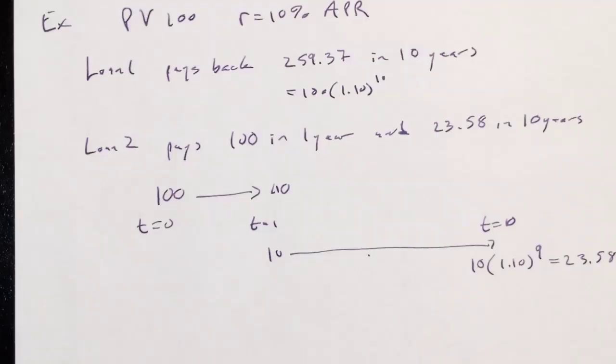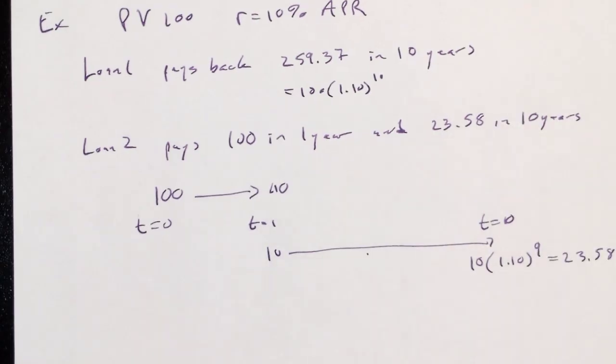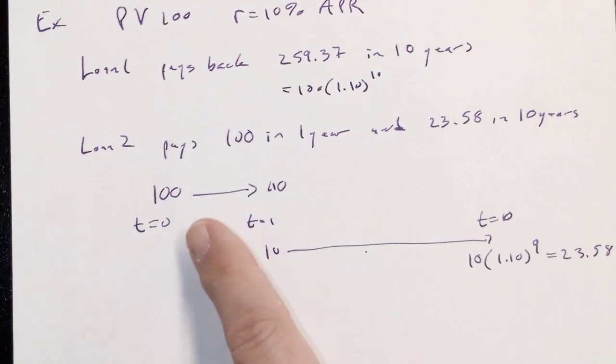If you're making this loan and you're getting the money, I think you probably want the first one rather than the second one. Yes? You're going to make more money if you can afford to leave that out there for all 10 years. This pays money much later than this one. This one pays more money up front.